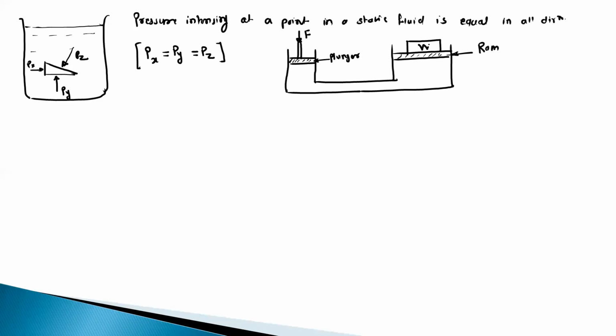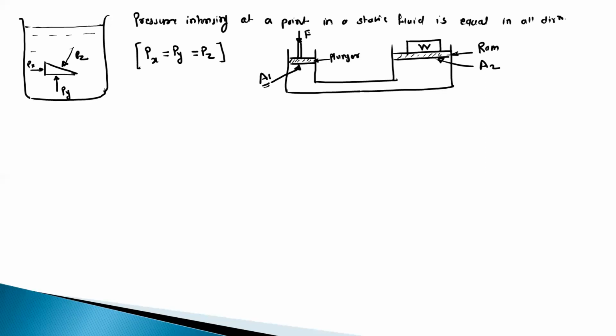So this dead weight is W. Okay. This plunger is having the cross-sectional area A1, and this ram is having the area A2.